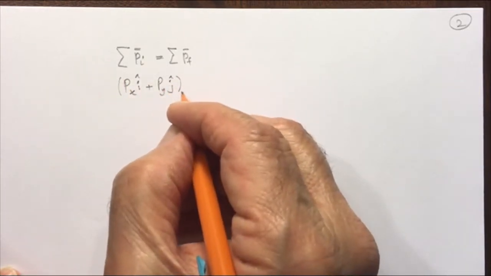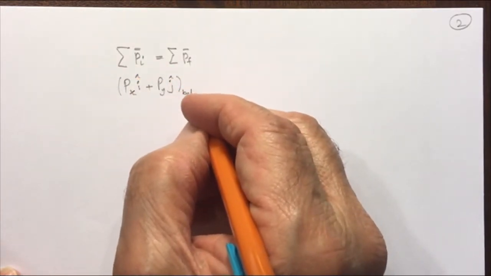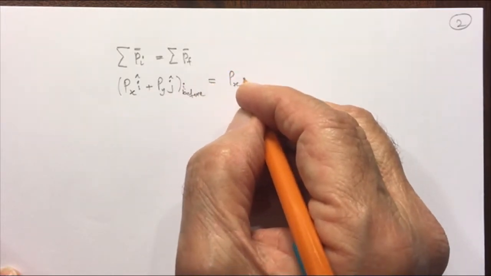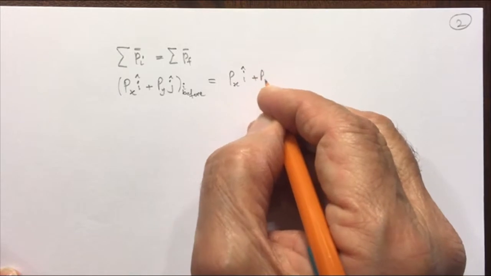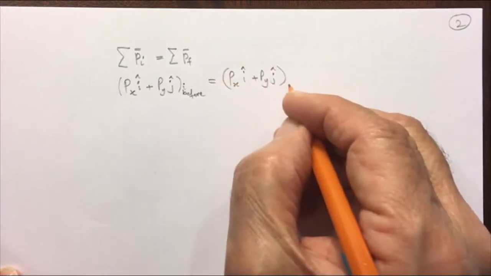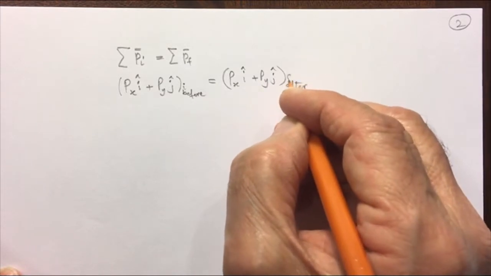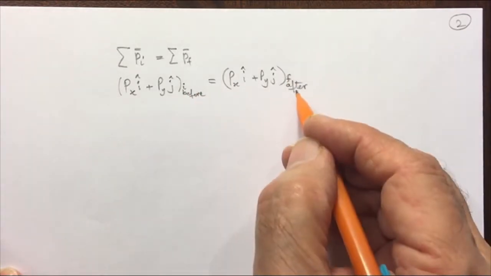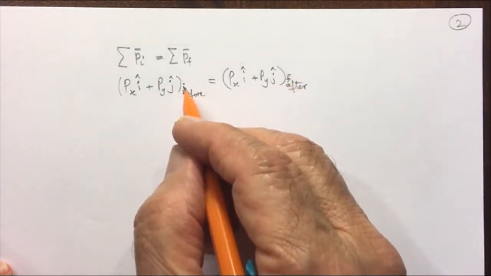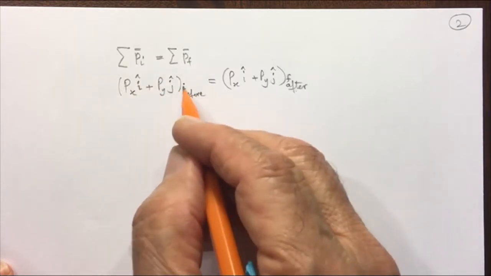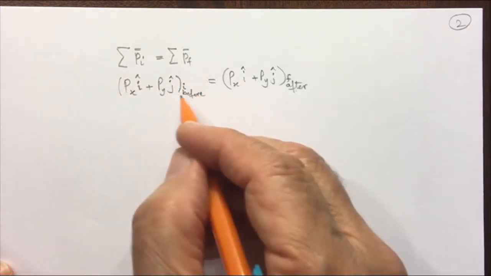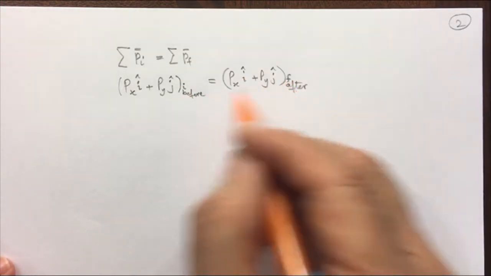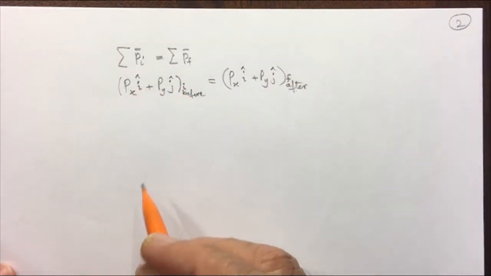So we'll have this, and this would be before the collision, or initial, and that would be equal to px i plus py j after the collision, or final condition. So we could write it as initial condition and final condition, or before collision and after collision. This i sometimes confuses with this i, but when it's written outside the parentheses, it indicates the initial condition. So this is the i vector, and that's the final condition. Then this is the initial condition. That's the vector.